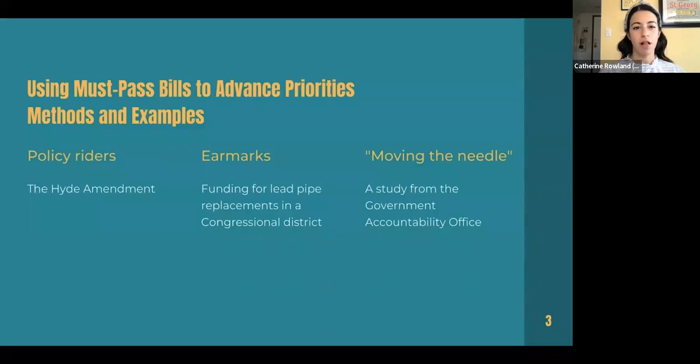I'm going to give an example of one of the most notorious policy riders, the Hyde Amendment, which is named for its author, the late Congressman Henry J. Hyde. It first passed in 1976 and prohibited coverage of abortion care under Medicaid. For decades, it's been attached to a must-pass bill, the annual appropriations bill that funds the Department of Health and Human Services.